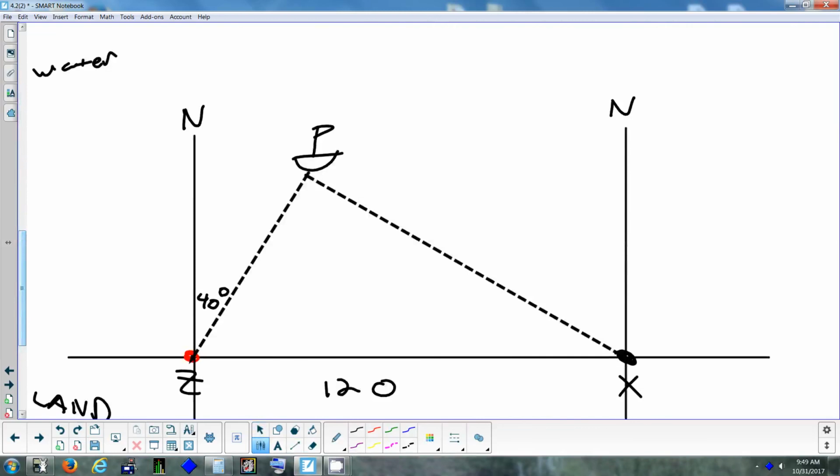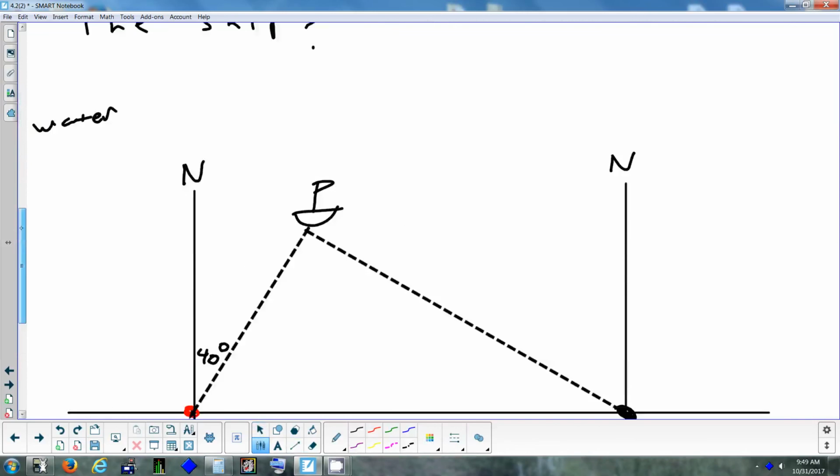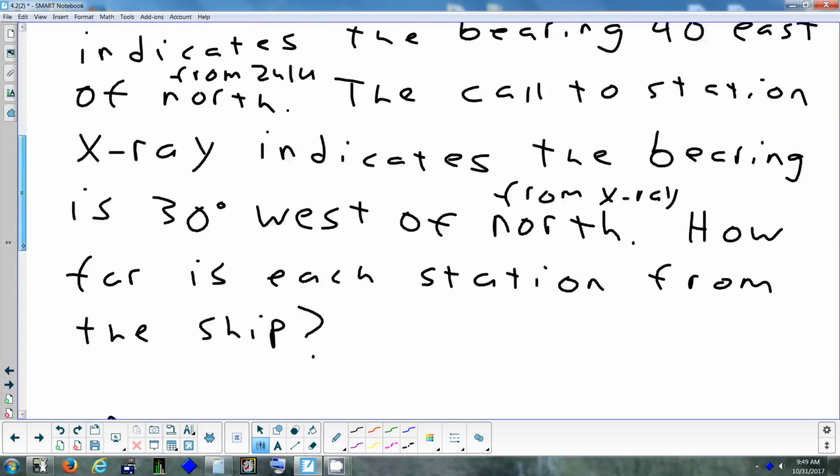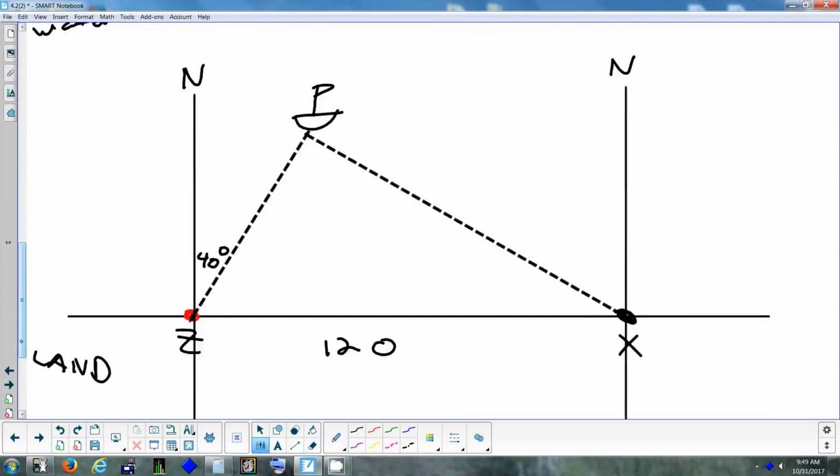That's the direction of the first signal. The second signal is 30 degrees to the west. West is like left. Okay, 30 degrees west of north. And actually, I think the boat was closer to the other side. But again, it's not to scale. That's 30 degrees to the left of north.